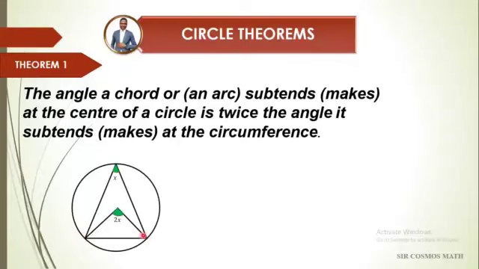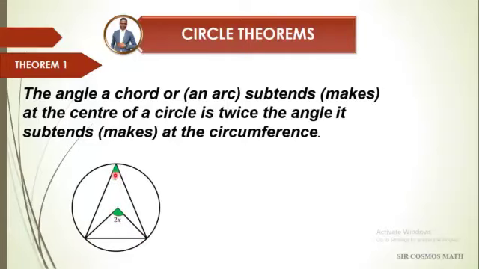So this is my chord, and the angle this chord subtends at the center is twice the angle it makes at the circumference of this circle. In short, the angle here and this one, because it is coming from the same chord, twice this is equal.